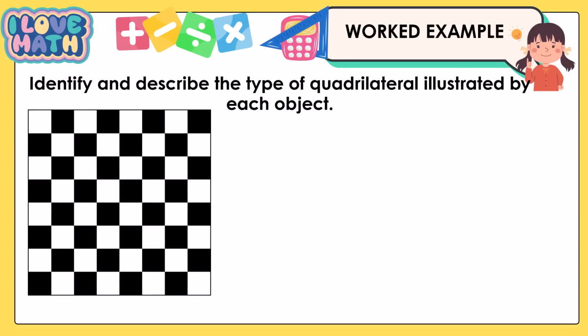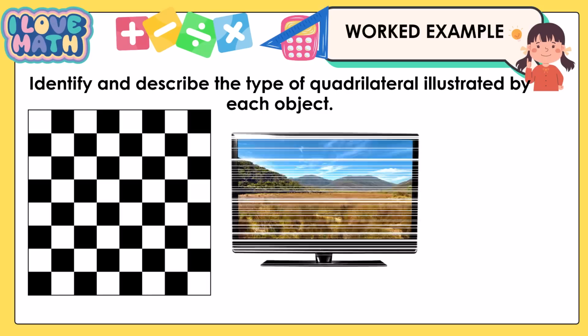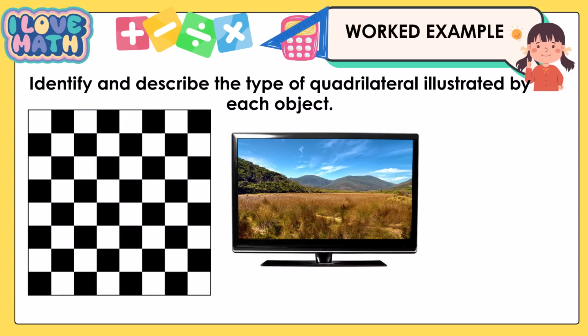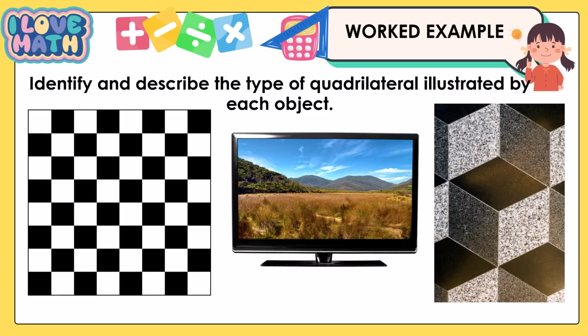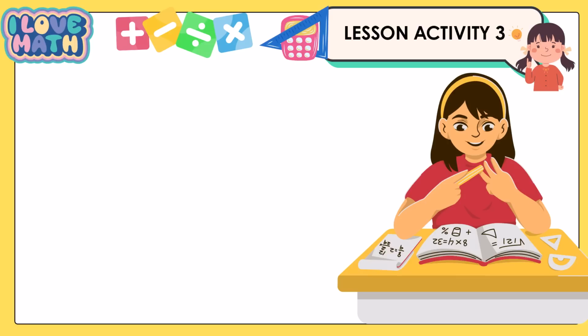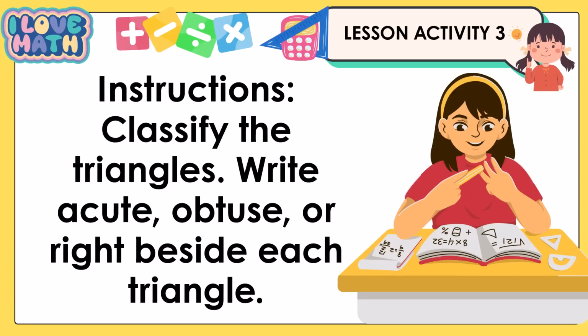Identify and describe the type of quadrilateral illustrated by each object. First is chess mat. Second, television. And third, tiles. Instructions: classify the triangles, write acute, obtuse, or right beside each triangle.